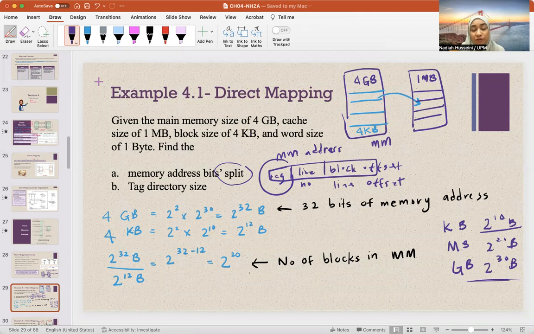So this is what we need to find. But we have a hint over here. If we know the block size, we will know what the line size is. So let me write that somewhere. Block size will be equal to line size.